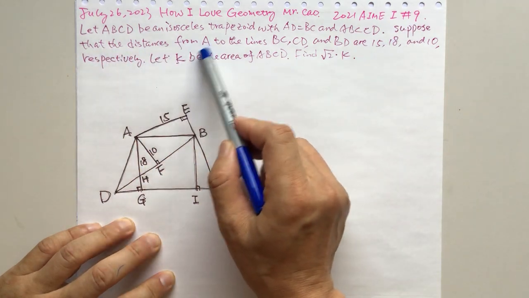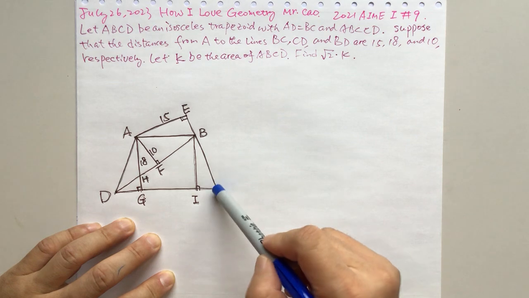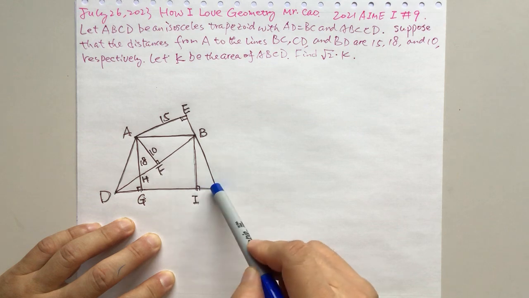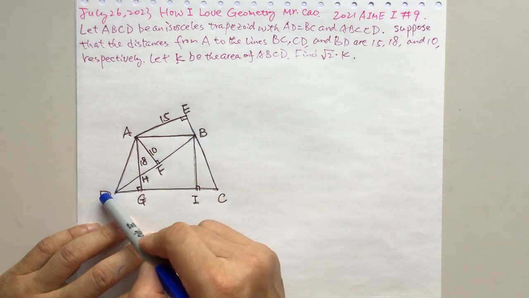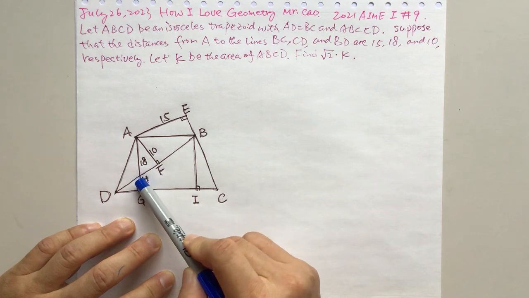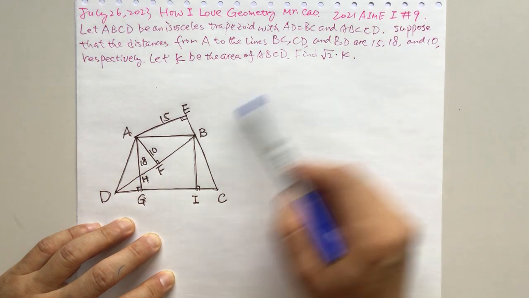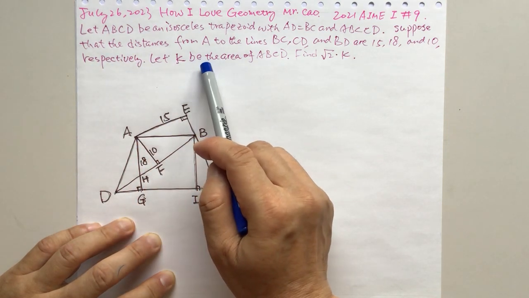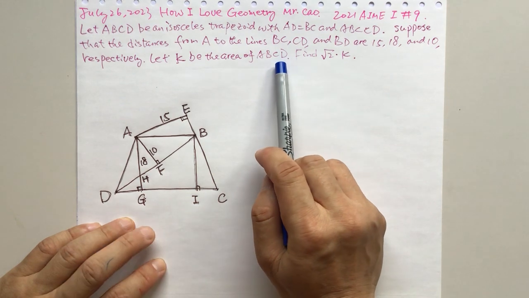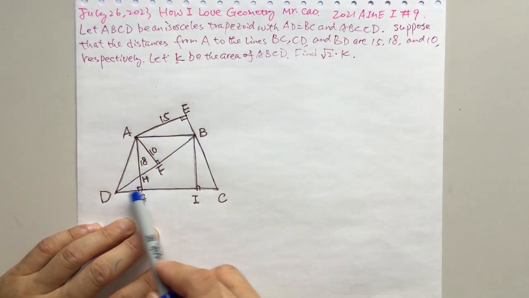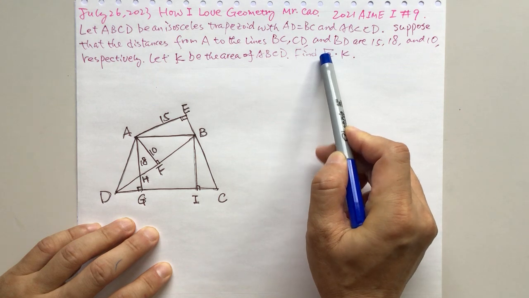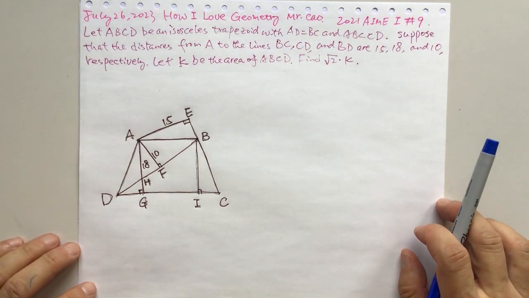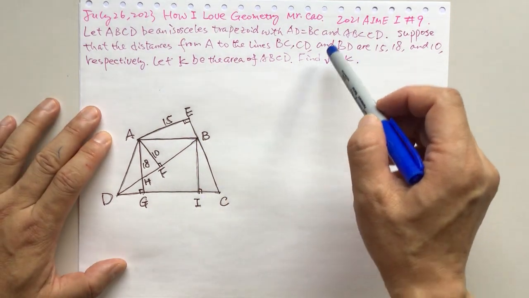Suppose that the distances from A to the lines BC, CD, and BD are 15, 18, and 10, respectively. Let K be the area of ABCD. Find the square root of 2 times K. So here, we just want to find the area of ABCD, then times square root of 2.